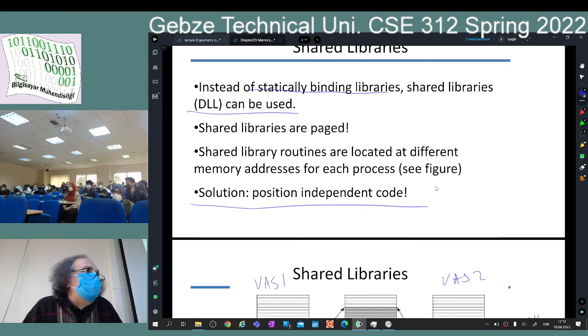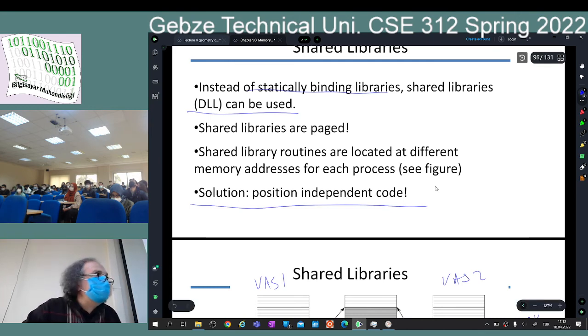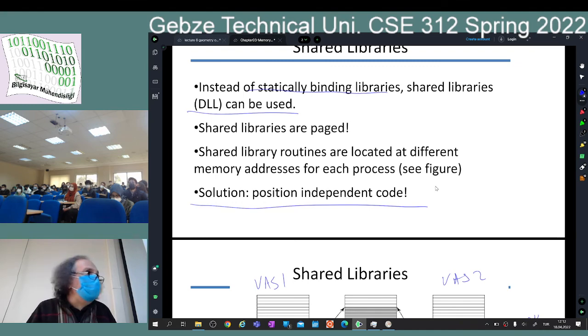You might say that, well, I never have written position independent code, but the compilers do that automatically. Compilers say that if you like this to be a DLL, then I'm going to create position independent code for you. It's the responsibility of the compilers and linkers to do that. Good. Any questions?